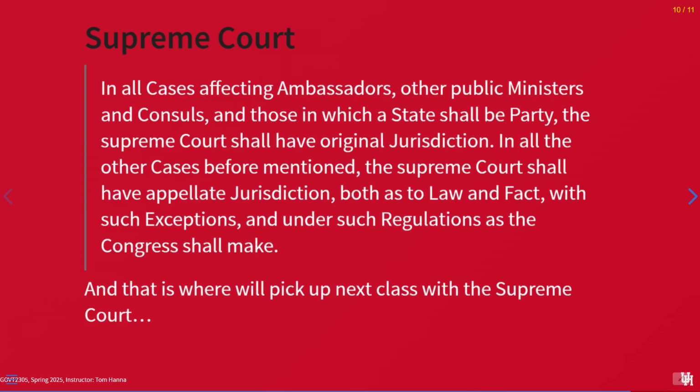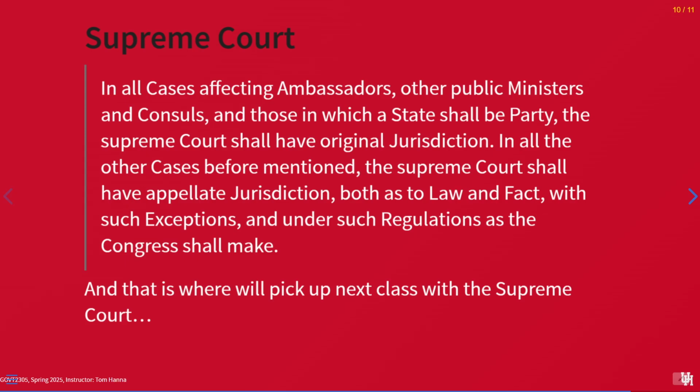So if one of the 50 United States is a party to the case, the Supreme Court has original jurisdiction. This is often when one state sues another. And yes, that does happen. It can also be cases where one state sues the federal government. It usually is not a case where a citizen of a state sues their own government, because generally those have to start out in state court.